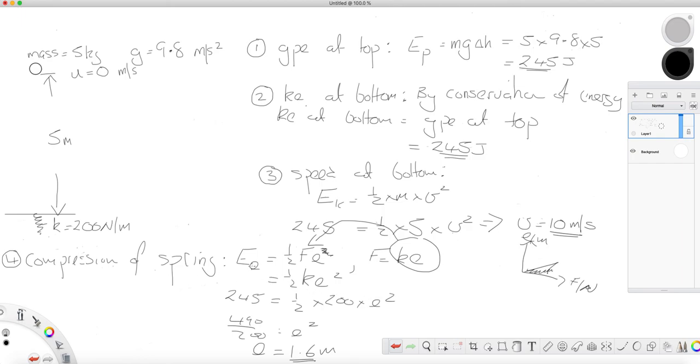And so it's a half force times extension. My apologies for that square, that shouldn't have been there. A half force times extension. We don't know the force, but what we do know is that force is K times the extension, or compression in this case. So we can stick that in there and we get a half KE squared. Stick in our numbers, out drops our extension, 1.6 meters.